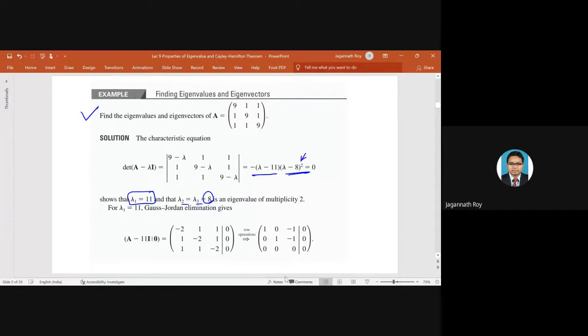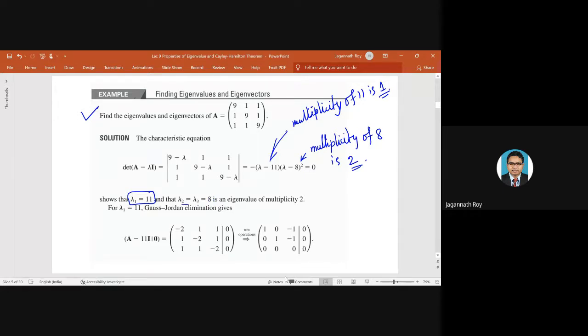So the multiplicity of 8 in this characteristic equation is 2, and the multiplicity of 11 is 1 here, because this factor has only one power. The other has two power, so we call it the multiplicity.